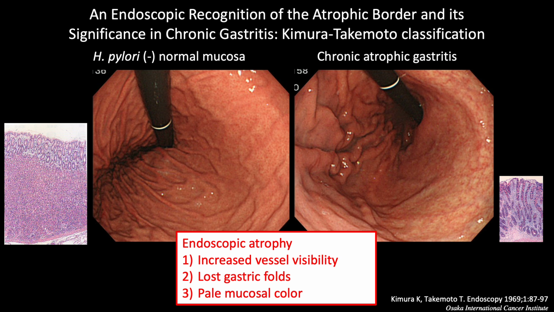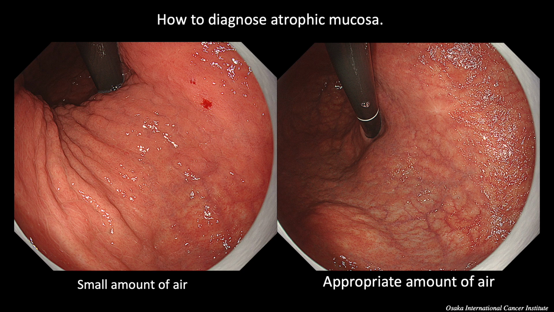Endoscopic atrophy is defined as increased vascular visibility, lost gastric folds, and pale mucosal color. This is a diagnostic method for atrophic mucosa. An endoscopic image with a small amount of air is presented on the left, and an endoscopic image with the stomach stretched with air is presented on the right.